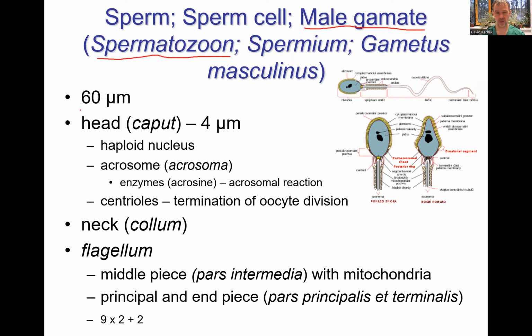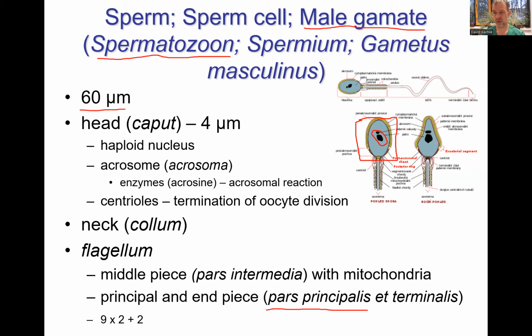It's quite long, and the longest part is the so-called principal part, which is the main part of the flagellum. Of course, the most important part is the head, and in the head we have the genetic information, the nucleus, which is haploid.